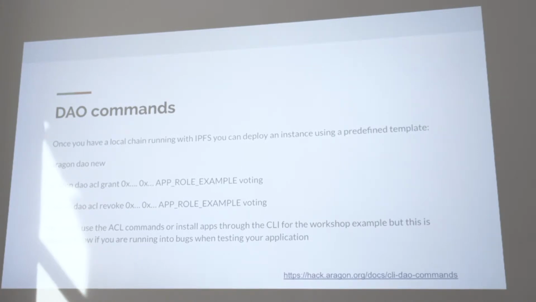What is the private key for executing the transactions? Can you just repeat the question? There are transactions in the Ethereum chain about ACL grant. Yeah, those create transactions. So aragon dao new would create a transaction. But not executing? No, it does execute.